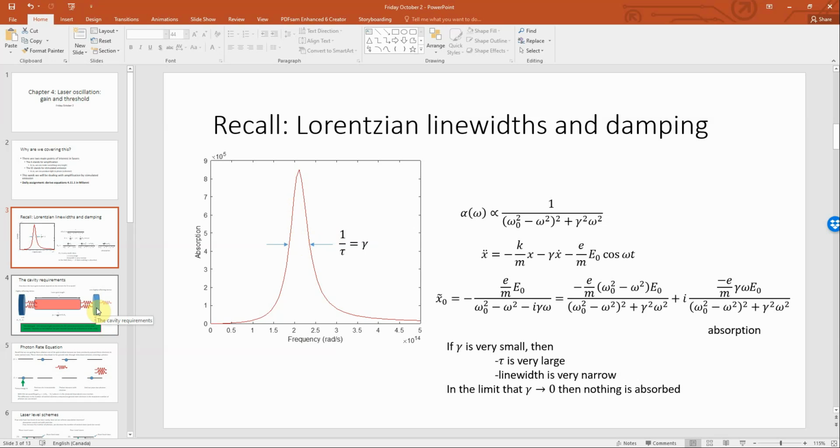I wanted to emphasize that because some people said something in the daily assignment that seemed a little misleading. If there were no damping coefficient, nothing gets absorbed, because we can never be exactly on that resonance.